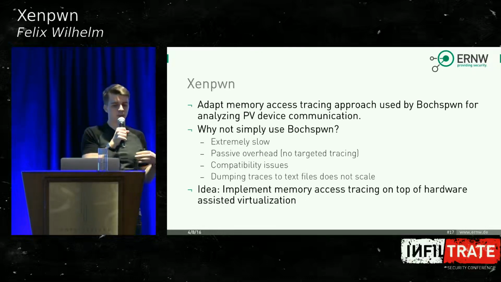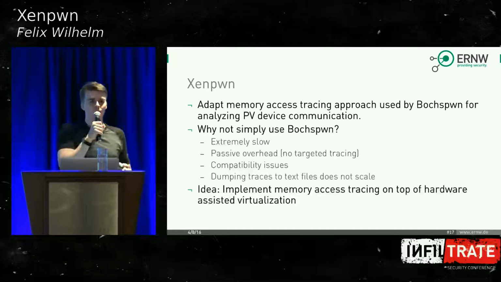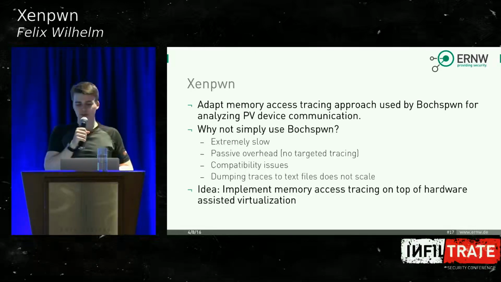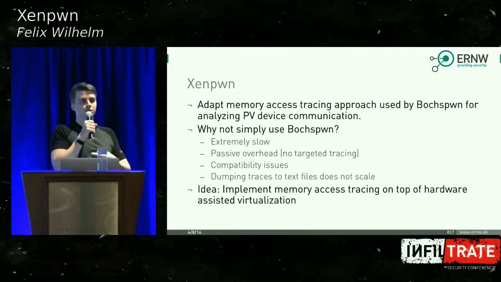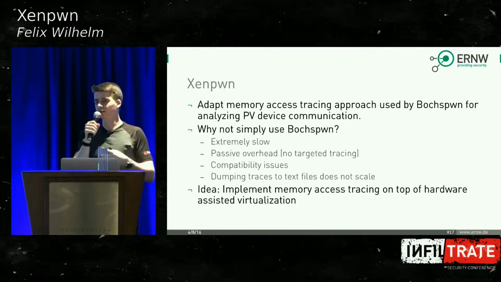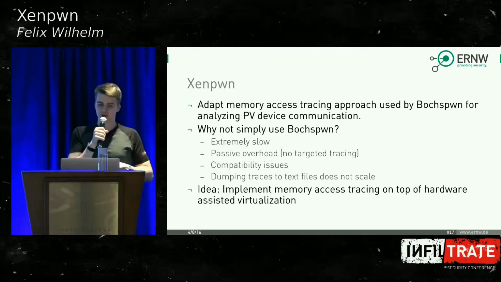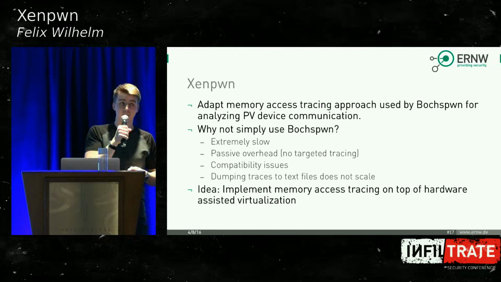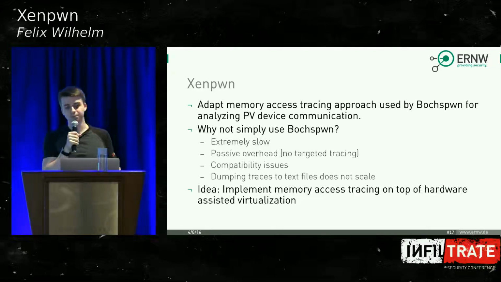Then you have a problem that is not a problem of Bochspwn, instead it's a problem of Bochs. If you have the newest Windows Server version on 64-bit and you want to run it in Bochs, it will simply crash and show you a blue screen. So Bochs is not perfect in emulating current versions of 64-bit operating systems.